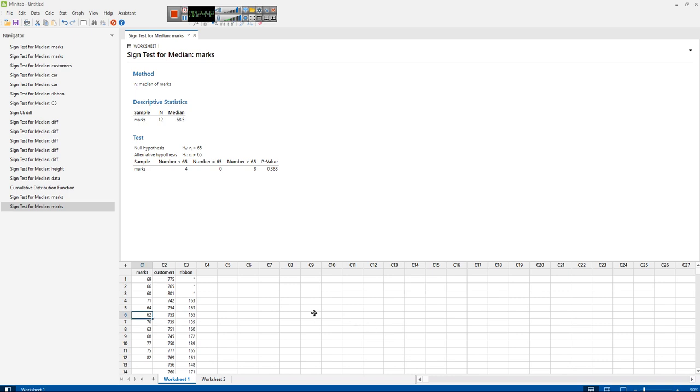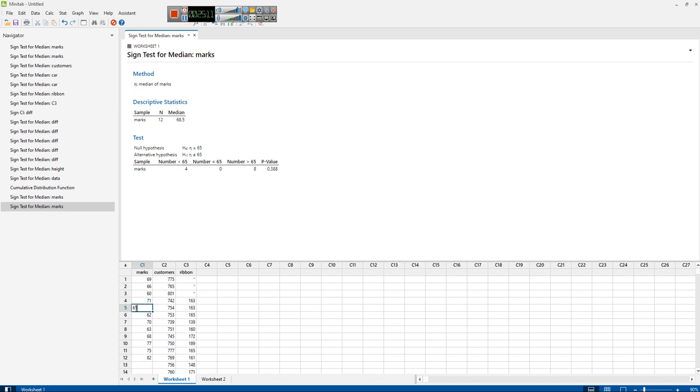I'm just going to change this 64 to 65. Now one negative sign will reduce and it will become 0. So now we will have 0, 1, and our number of positive signs will not change, it will be 8.